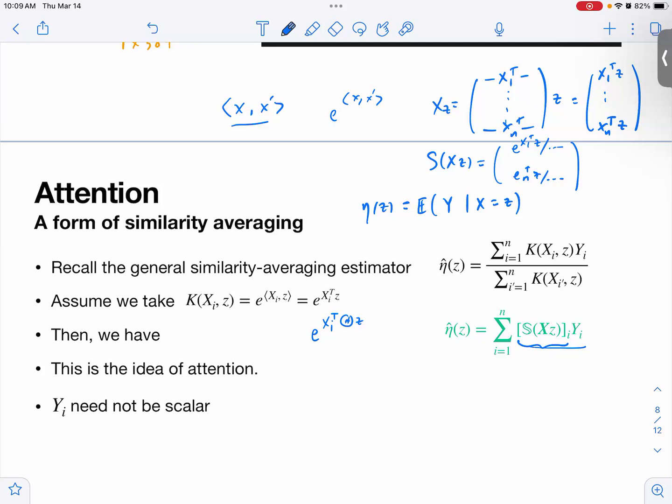Another version of this I would call a parameterized attention: x theta z. This defines a similarity, but it also allows me to have a parameter, akin to the bandwidth, but as a full matrix here.